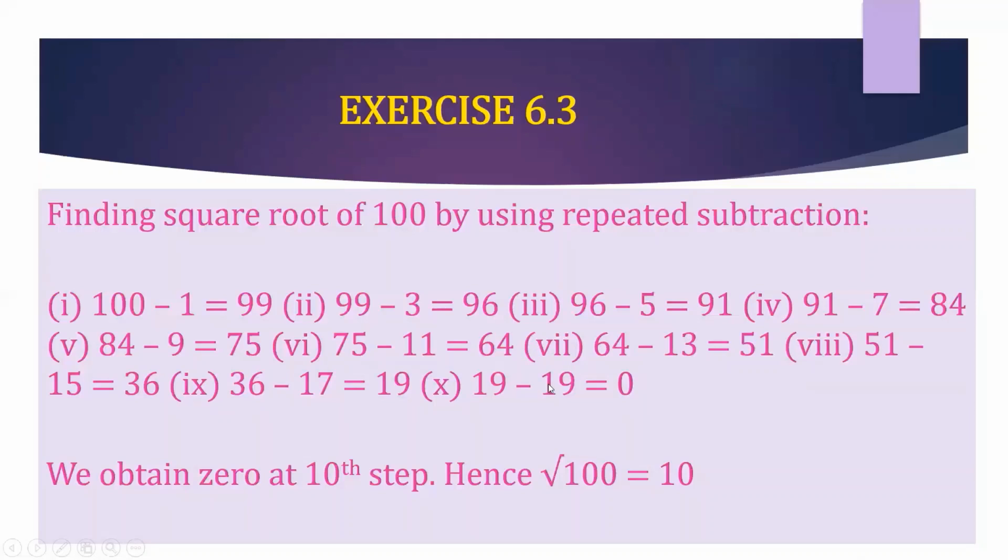Okay, that way, then 21, then 23 and so on. So for 169, we will get the difference of 0 at 13 steps. So the square root of 169 is equal to 13. And here for 100, we are getting 0 at 10 steps. So square root of 100 is 10.